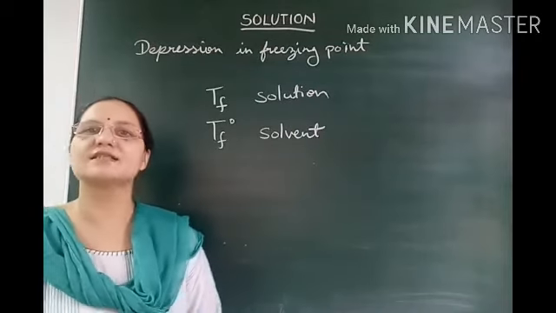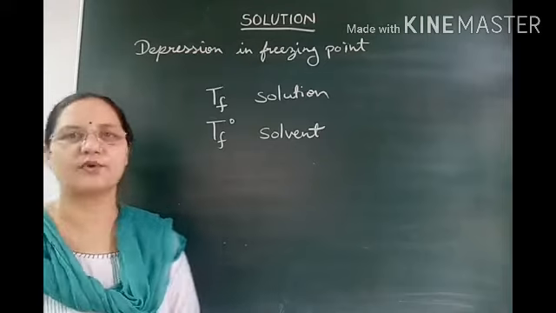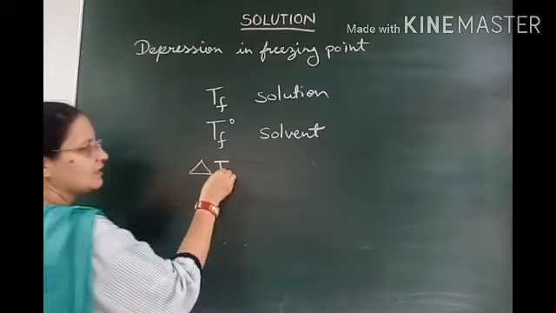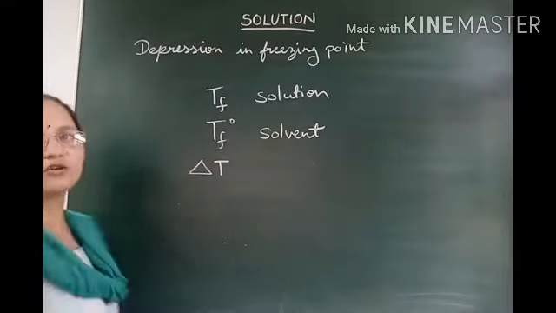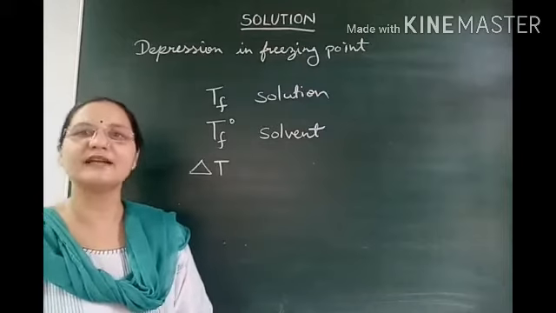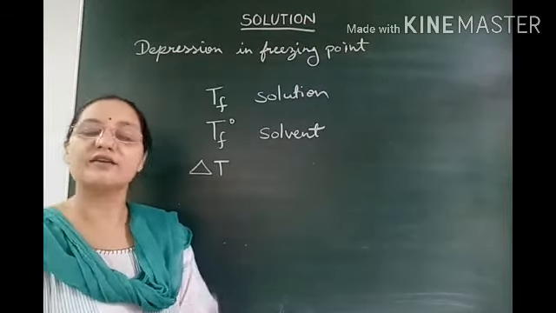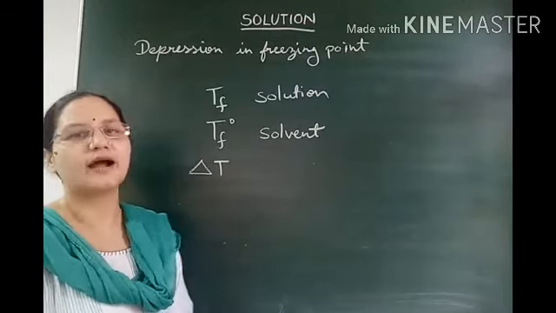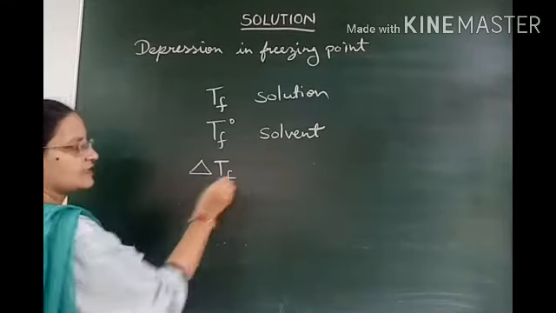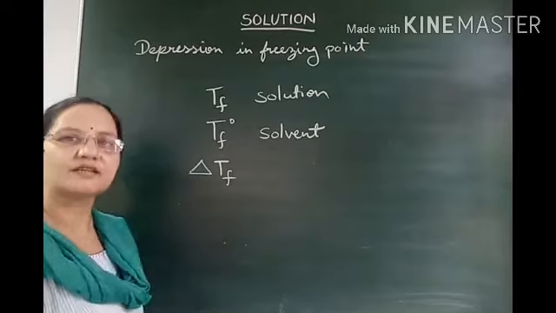Now what is the lowering of freezing point? It is the difference between the freezing points of the pure solvent and the solution, which differ from each other due to adding the non-volatile solute. So delta Tf is the difference in freezing point.